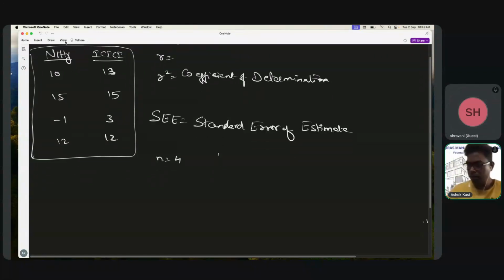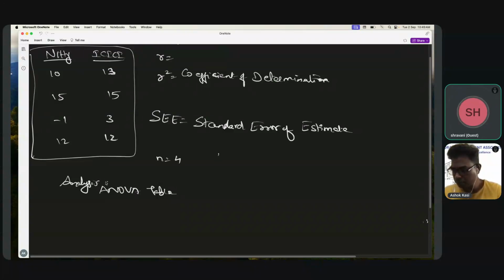Then we have to do the ANOVA table. ANOVA stands for analysis of variance.